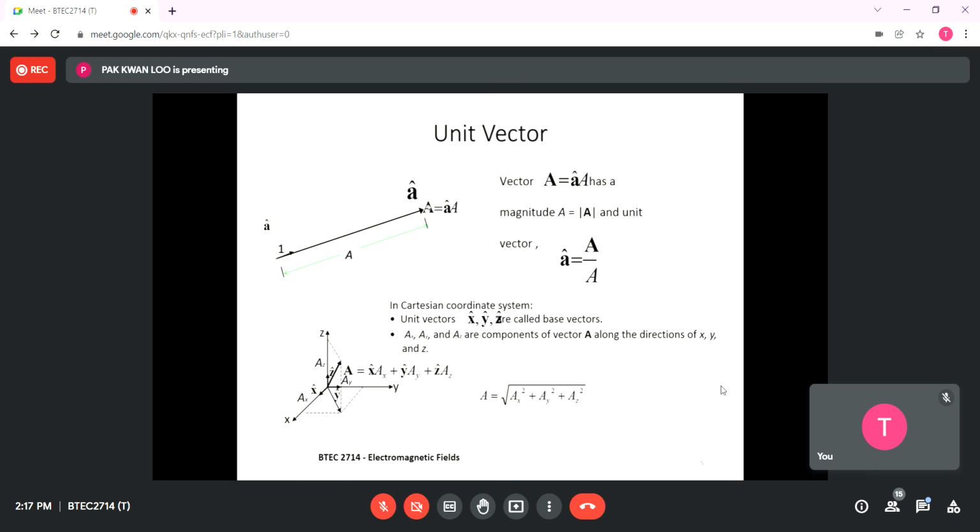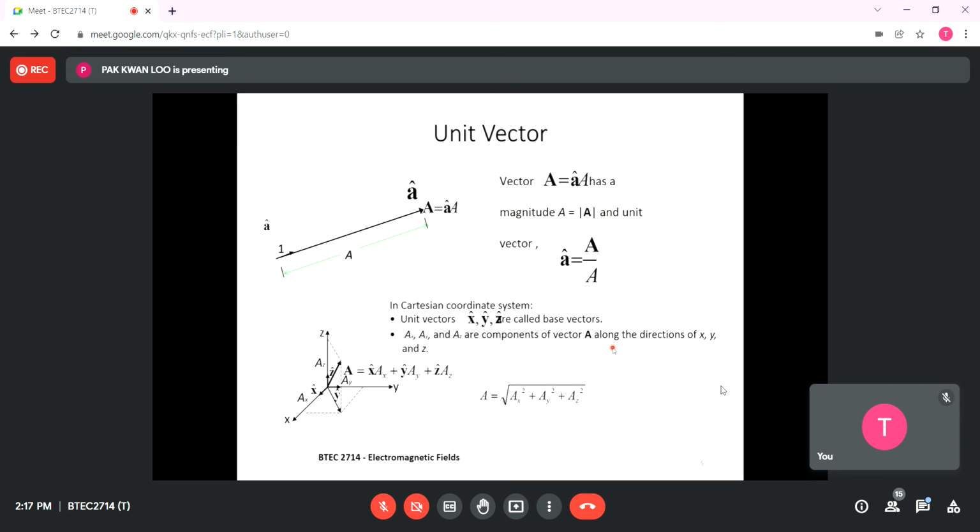So to represent vector A, it is the unit vector multiplied by the magnitude of this vector. This vector has a magnitude of A pointing in the unit vector direction a. A unit vector means that you have a magnitude of a unit, 1. That's why it's called a unit vector.